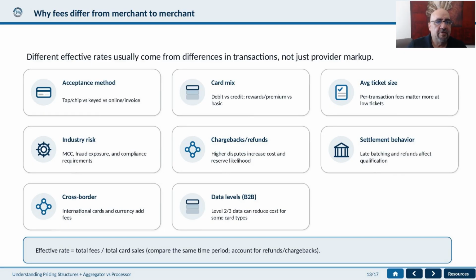Different effective rates usually come from different transactions, not just provider markup. We're going to talk about effective rates real quick. Effective rate is the overall rate that you're being charged. That's the bottom line. It doesn't matter at the end of the day what somebody's offering you.